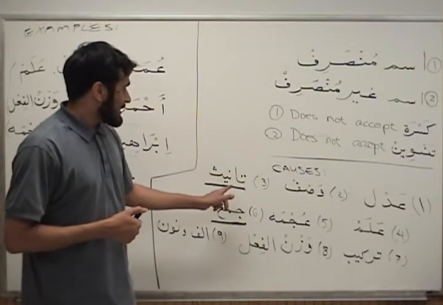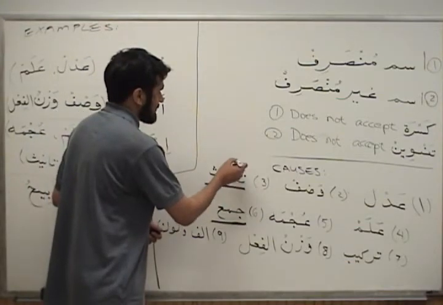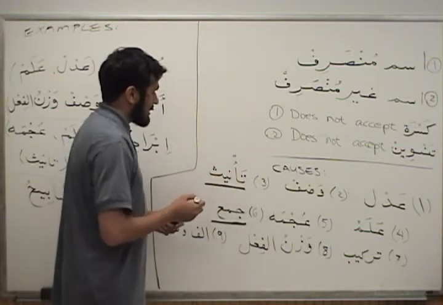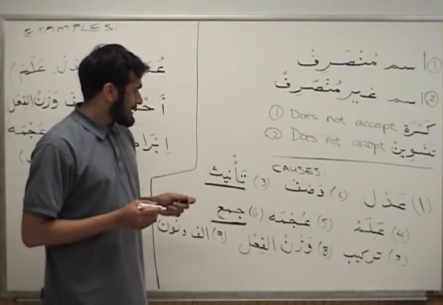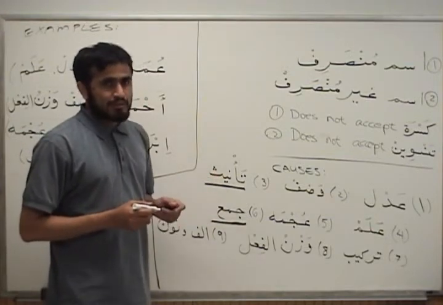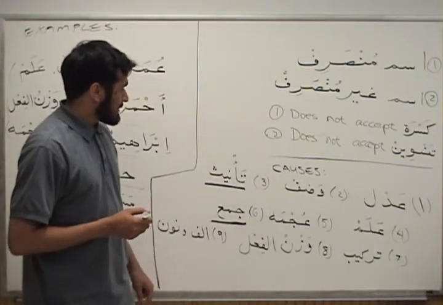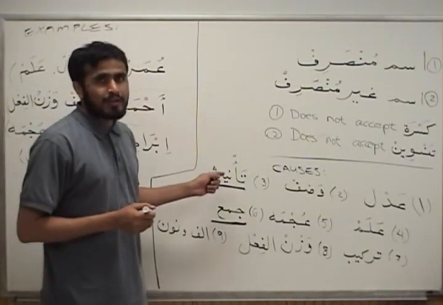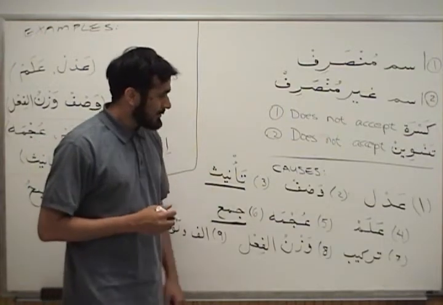The other one is ta'neef, and ta'neef means femininity. If an ism is feminine, this is also an attribute that can cause an ism to be ghayr munsarif. So mu'annath is taken from ta'neef, so it refers to a noun being feminine.